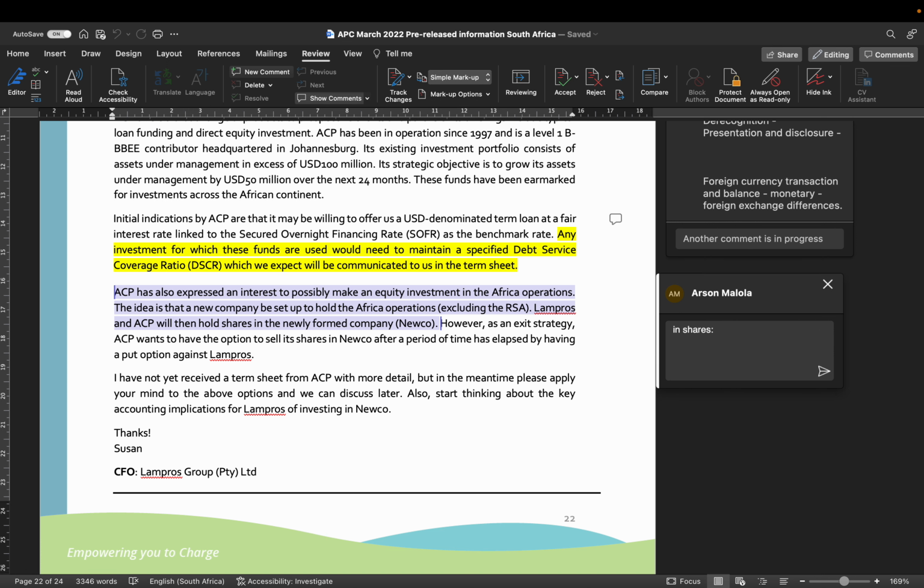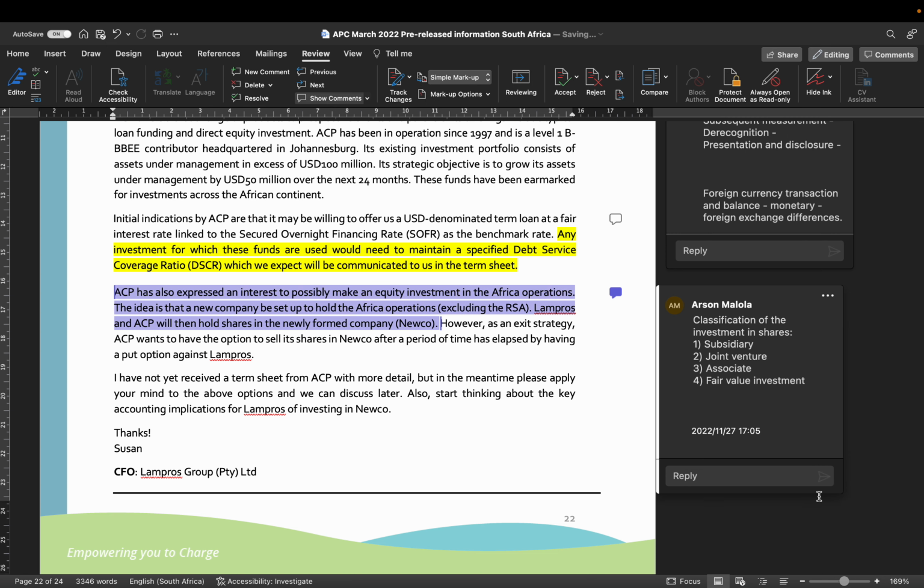It can either be a subsidiary, a joint venture, an associate, or a fair value investment. Considering these classifications would be in this specific order. So your research would need to be quite broad to cover all of these elements, to research this in an accounting context.